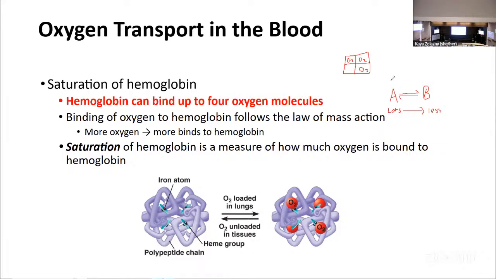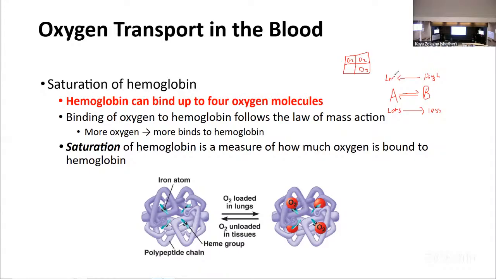If we happen to have high amounts of B, this would push the reaction to run more in the opposite direction, so high to low, the other way. That's all we mean by the law of mass action here.